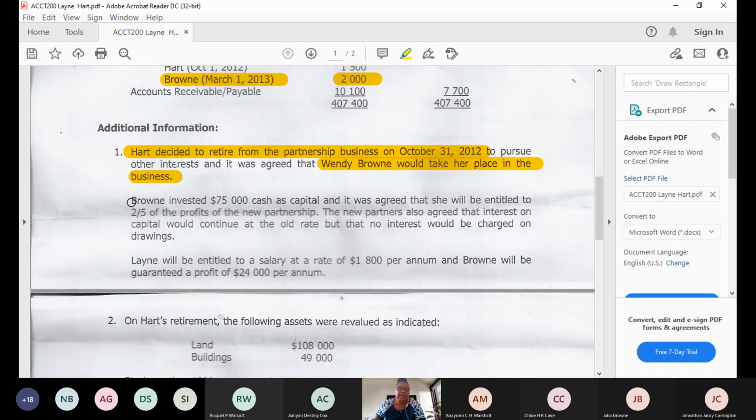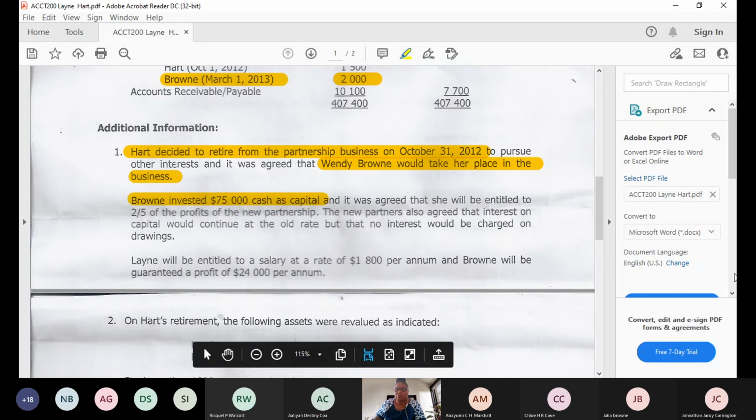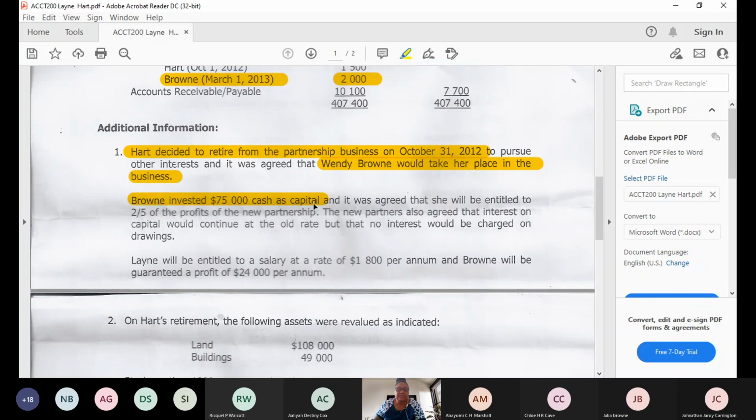They tell you Brown invested $75,000 cash as capital, and it was agreed that she would be entitled to 2/5 of the profit of the new partnership.